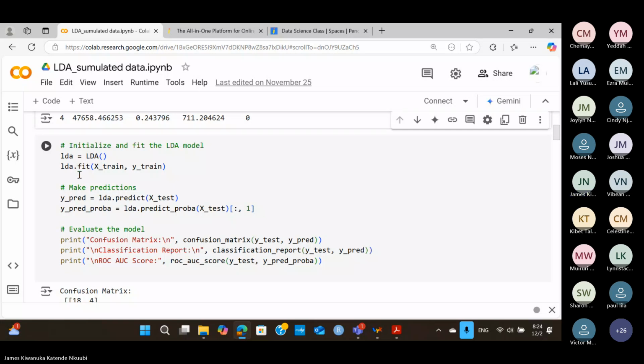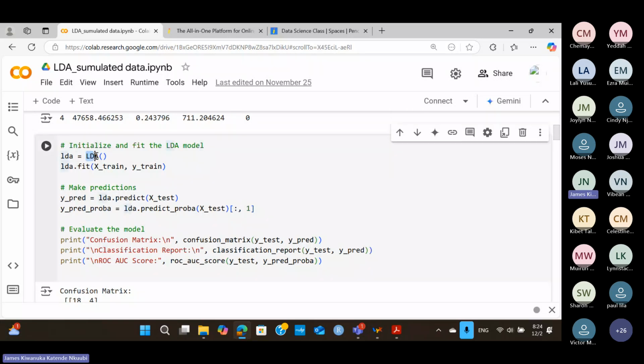Now, remember we imported this function, or the object, LDA. We can instantiate it here, and then we can fit the training data using the model LDA. And we can make some predictions using the test set.